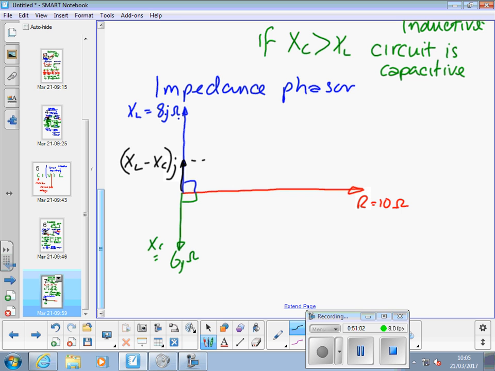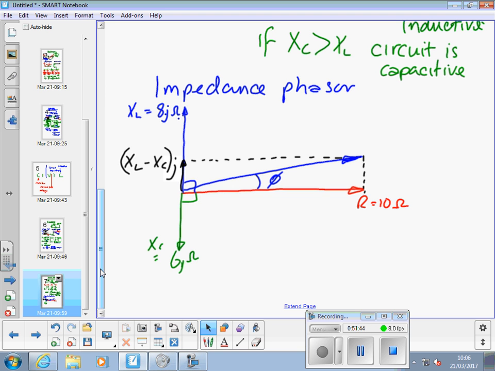Our resultant phasor is the combination of all three, sitting in there at an angle like so. It should be remembered that the quantities XL and XC are frequency dependent, and therefore if we change frequency, those values are going to change, the phase angle is going to change, and the length of the blue line is going to change.